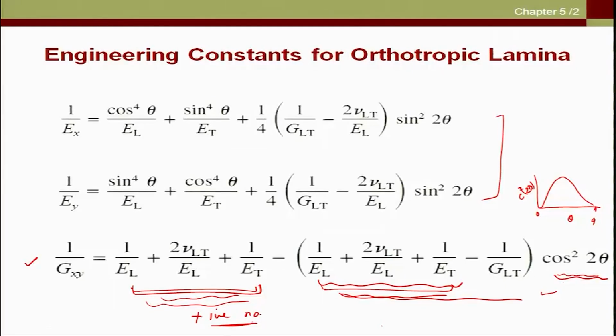So, what typically happens is that as theta starts increasing from 0 degrees, this term tends to reduce the magnitude of this positive number, and as this number becomes smaller in magnitude, its inverse starts increasing, because this is 1 over Gxy. Okay.